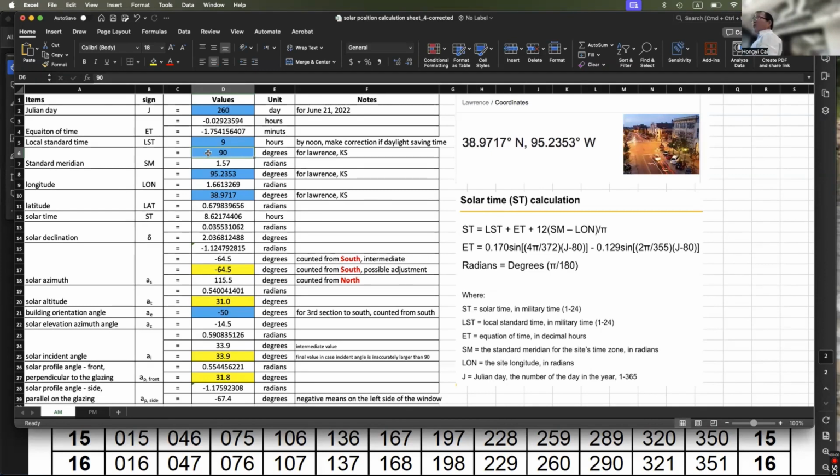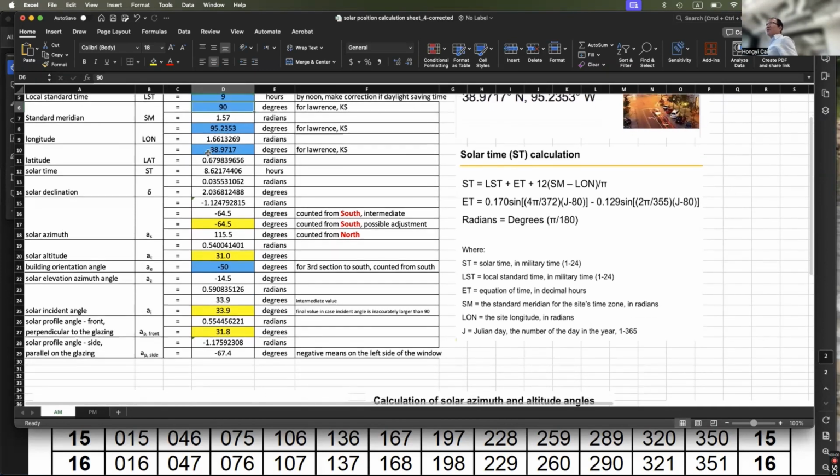So you calculated your solar azimuth, 115.5, because we calculated 10 o'clock. And the solar altitude angle is 31. If you convert it to the surface, it will be minus 64.5. Okay. So the two highlighted in yellow will be your answer. Okay. And then your building orientation angle, I just randomly put minus 50.